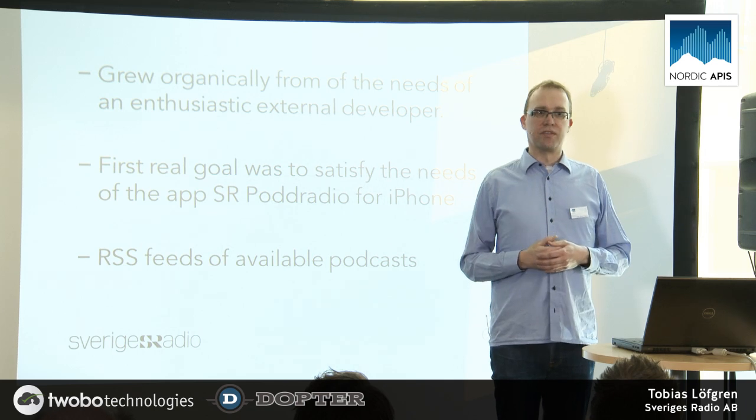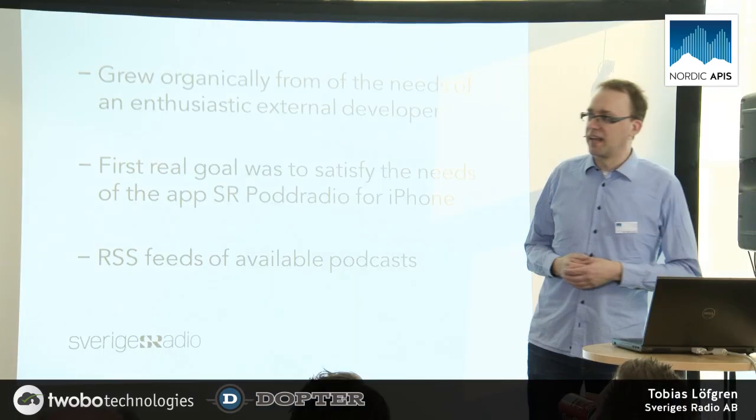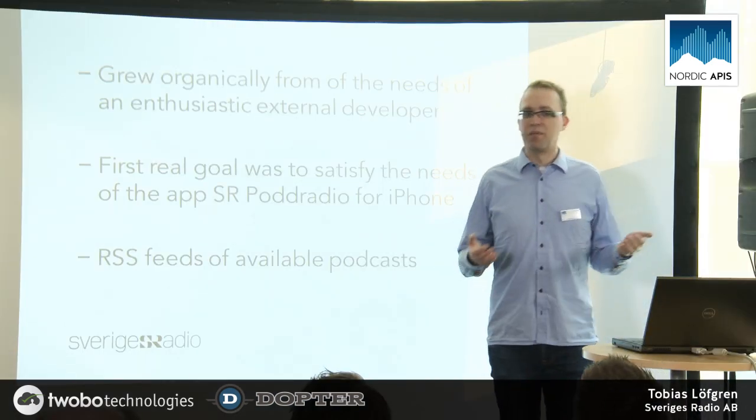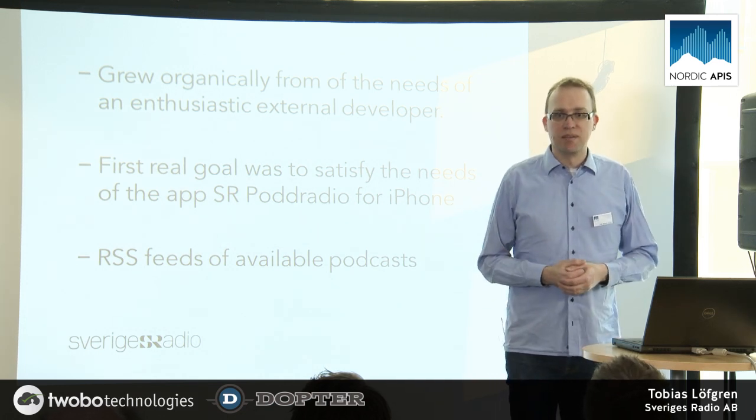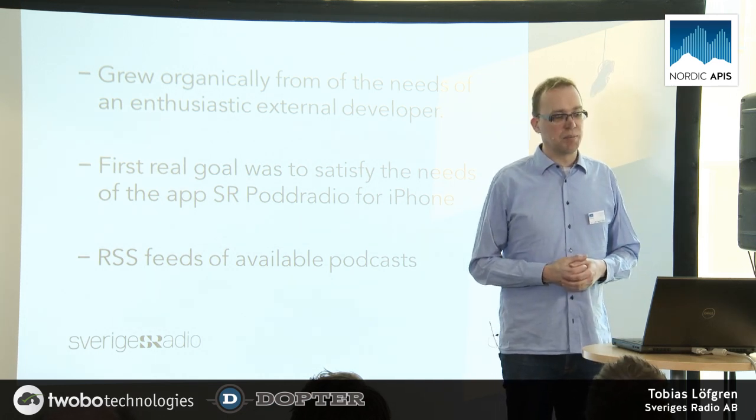From there on, we started having RSS feeds more dynamically generated from our databases about everything that was available. And you don't really think about RSS feeds as an API, but they are, obviously. It's one of the simplest, most basic versions of an API.